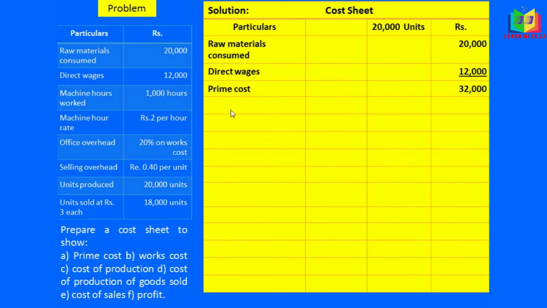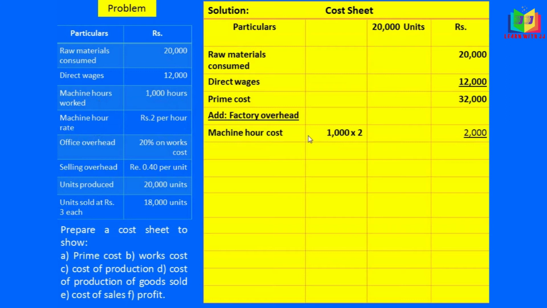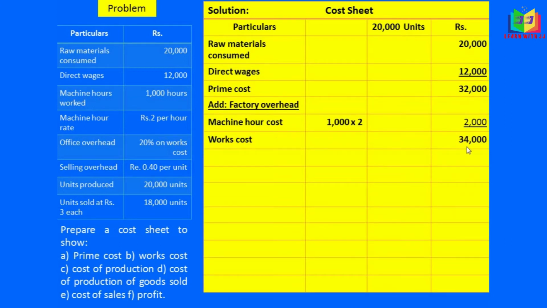With this we have to add the factory overhead. Under factory overhead we have machine hour cost. This is 1,000 hours and rupee 2 per hour. So 1,000 into 2 will get 2,000 rupees. This is the machine hour cost, and if we add this we'll get the work cost. So the work cost is 34,000.